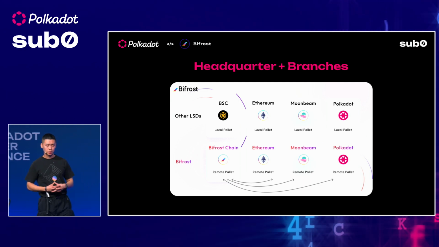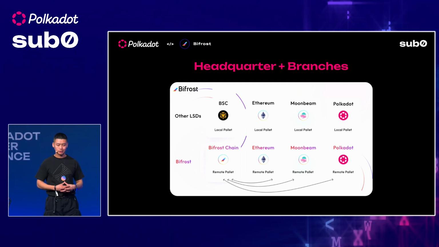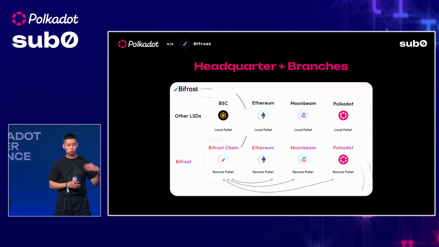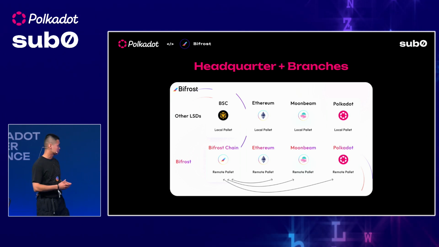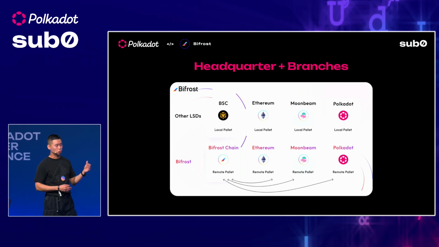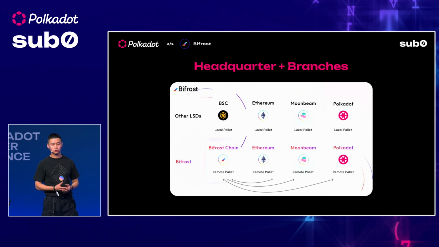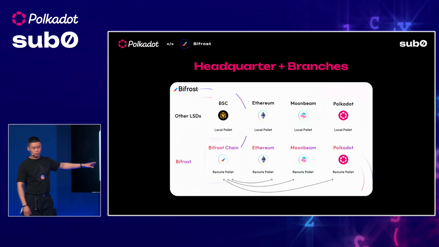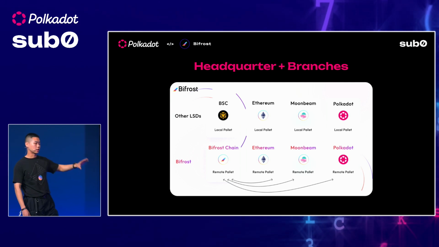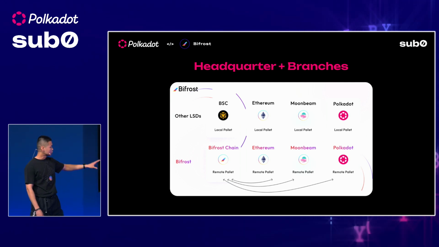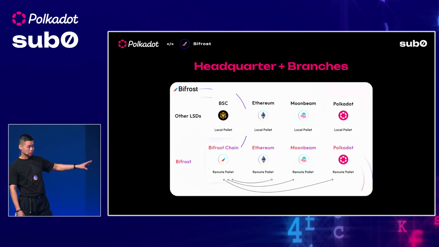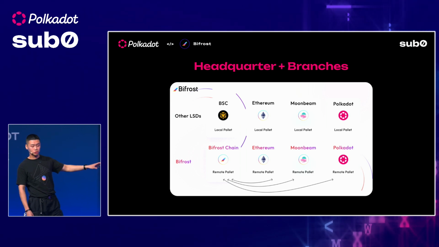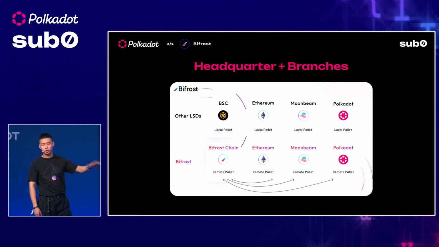We call the SLPx stack headquarters plus branches. The headquarters, or head store, is Bifrost itself, and each SLPx contract deployed on a source chain is a branch.